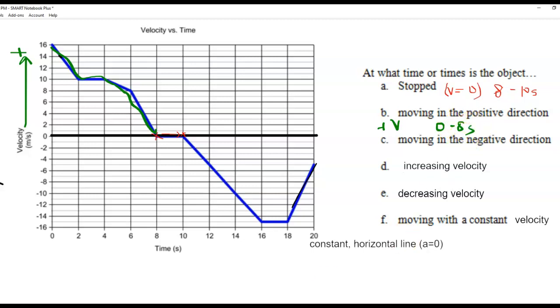Negative is the opposite of that, so when you are down here in the negative section of the graph, these values are negative. That's a negative velocity, which means you're moving left. So that is this part that I'm doing a black line trace of, from 10 to 20 seconds.